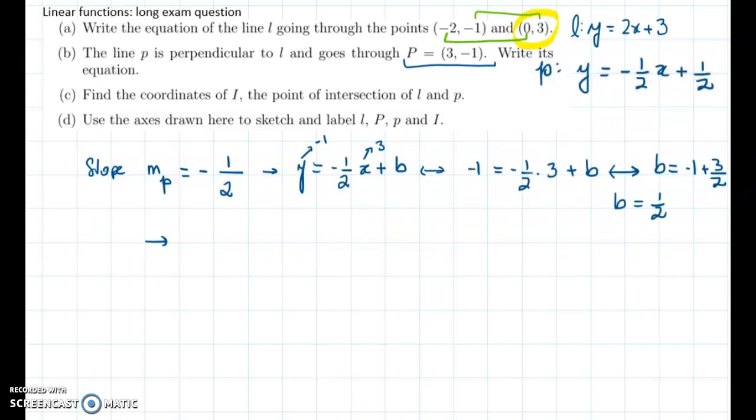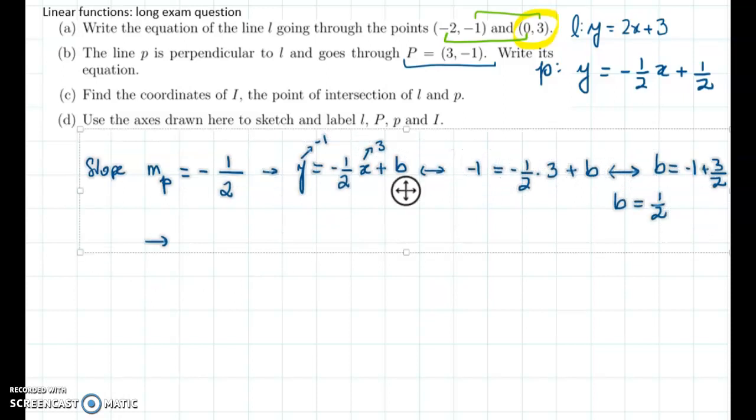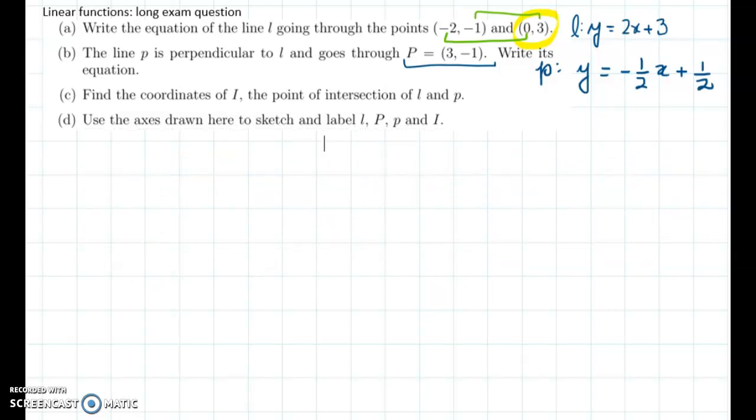But I'm going to have to erase the work so I have enough space to keep going. Now we need to find the point of intersection of the two lines L and P. So we want a point that verifies at the same time that y is equal to 2x plus 3 and y is equal to -1/2 of x plus 1/2.